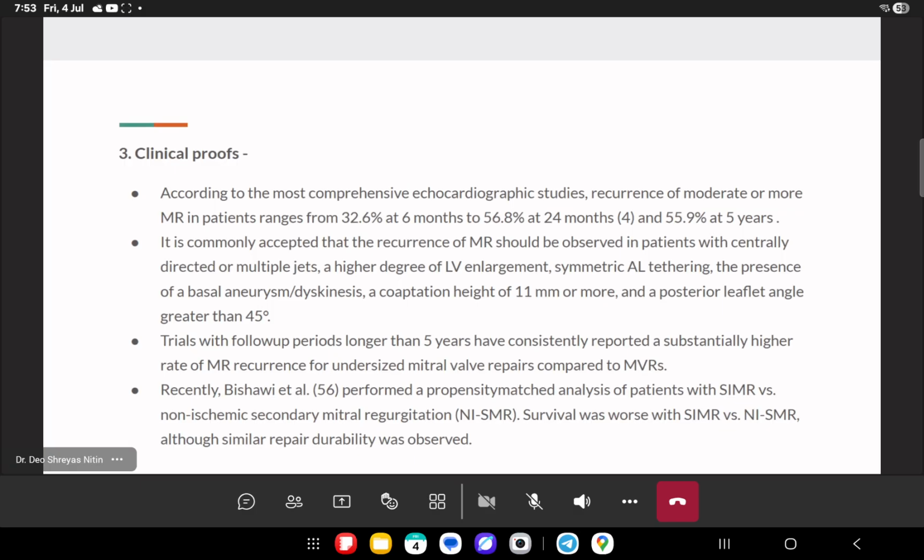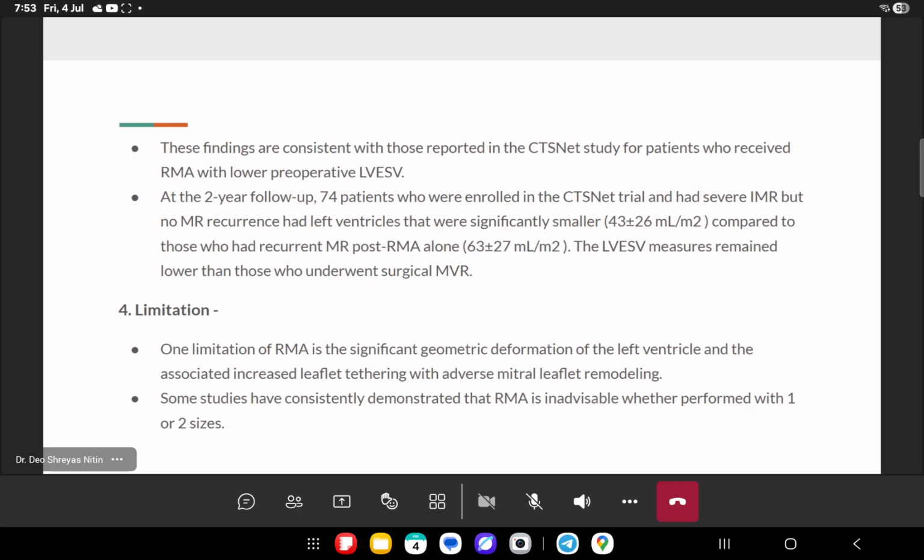Recently, Vishwi et al. performed a propensity-matched analysis of patients with secondary ischemic MR versus non-ischemic secondary mitral regurgitation. Survival was worse with secondary ischemic mitral regurgitation versus non-ischemic secondary mitral regurgitation, although similar repair durability was observed. These findings are consistent with those reported in the CTSN study for patients who received restrictive mitral annuloplasty with lower preoperative left ventricular end-systolic volume.